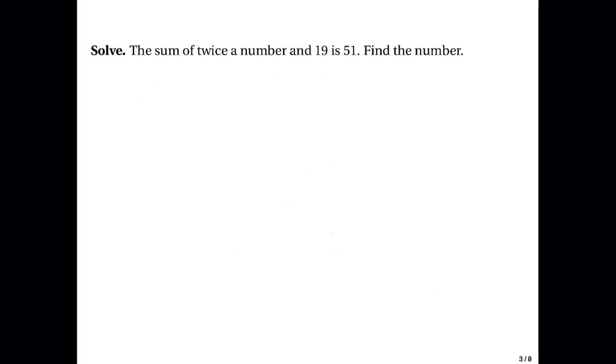So for the solution, we let x be the desired number. Then twice the number, 2x, plus the 19 because we need the sum. So plus 19, this is equal to 51.